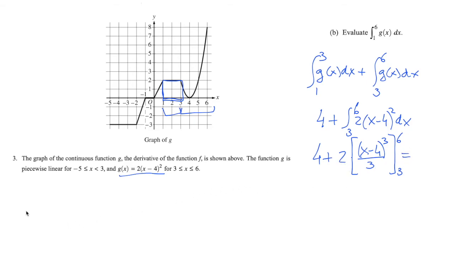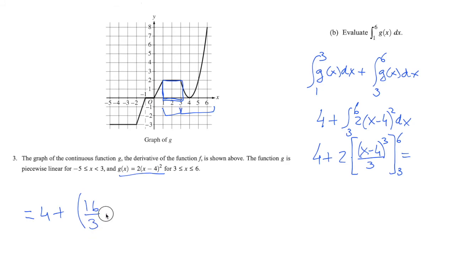Then I'm going to continue at the left side, equals, and then 4 plus, and then we substitute the 6. 6 minus 4 is 2. 2 to the power of 3 is 8, divided by 3, 8 over 3, times 2 will be 16 over 3.